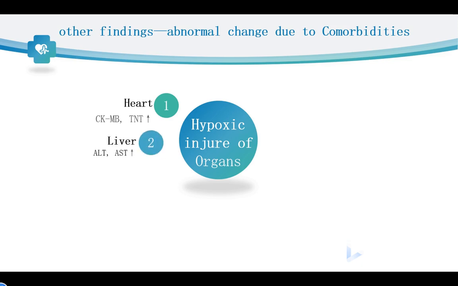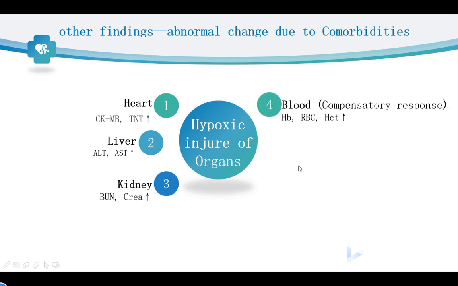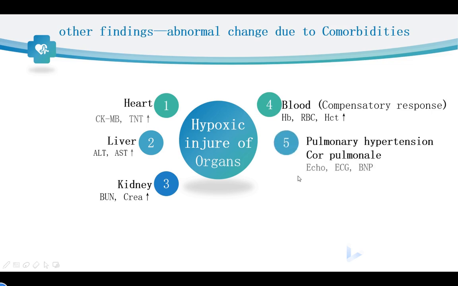For the liver, we usually can find an increased ALT and AST. Kidneys, blood, pulmonary hypertension, cor pulmonale, and others. All of these are associated to a short-term or long-term hypoxia.